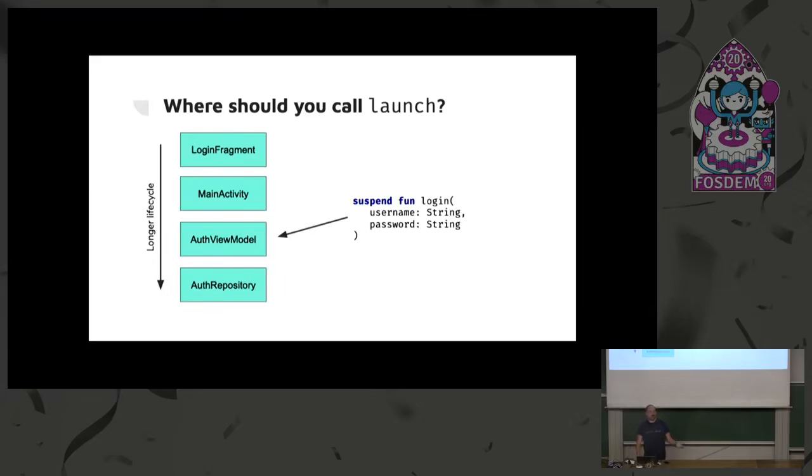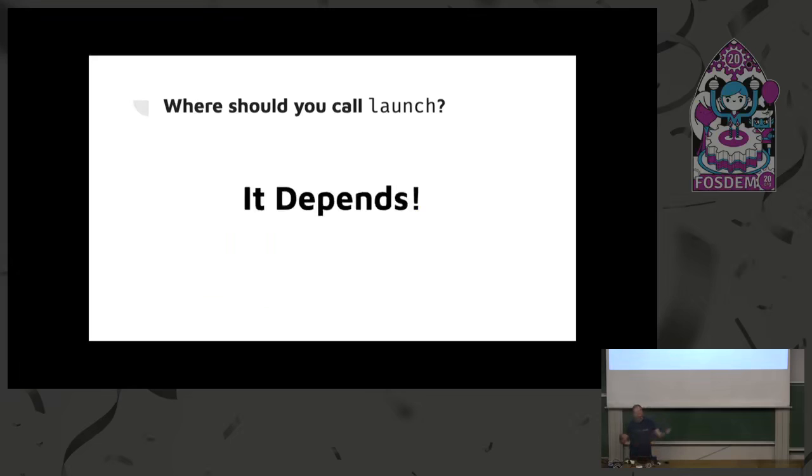Well, the view model is also cleared, so maybe, depending on what it is you want to do, you should put it in the singleton object you have that is the repository for talking to your backend API. So it depends. You need to make these choices yourself, depending on the use of the APIs, etc. Just remember that how things are canceled is what will affect the completion of your coroutine.